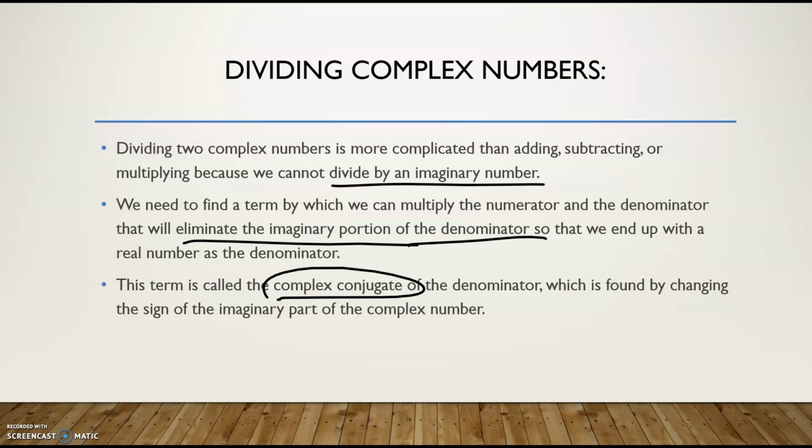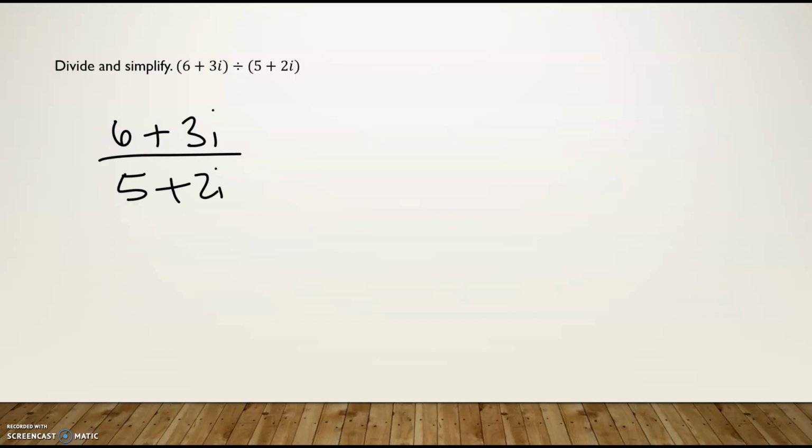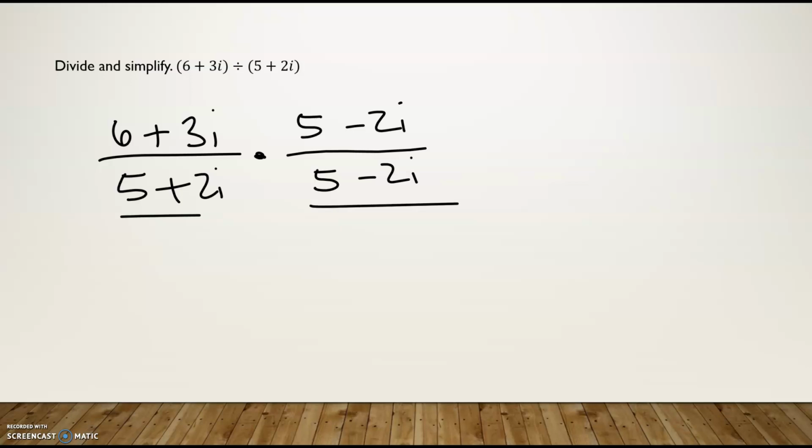And we said that was the complex conjugate of the denominator. So multiply the top and bottom by the conjugate of the bottom. So 5 minus 2i, 5 minus 2i. Because remember, a complex number times its conjugate will give us a real number.